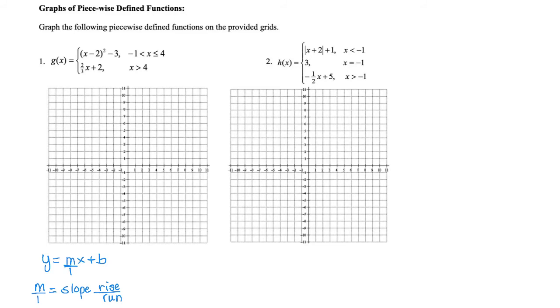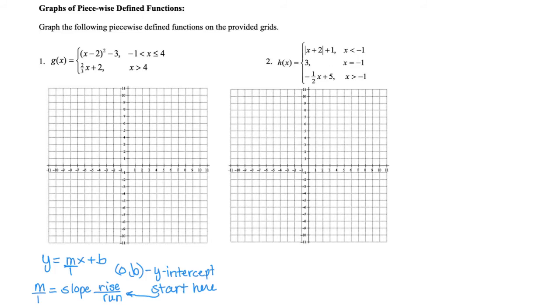And then b, which was really the ordered pair 0, b, and that is your y-intercept. And it's really you start at that y-intercept and then go to your slope, and you count off that slope.